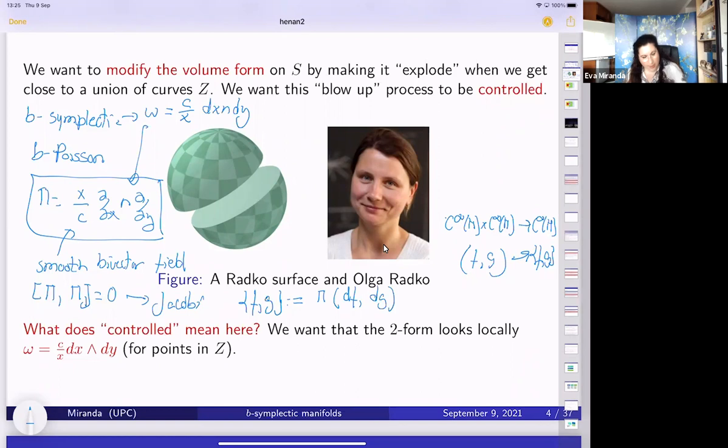If I already have a bivector field, I don't need to check the first two conditions, because in order to write something as a bivector field, it has to be antisymmetric and it already satisfies the Leibniz condition, okay? The problematic condition is the Jacobi identity for this bracket. And the Jacobi identity for this bracket is going to be equivalent to this condition in terms of bivector fields.